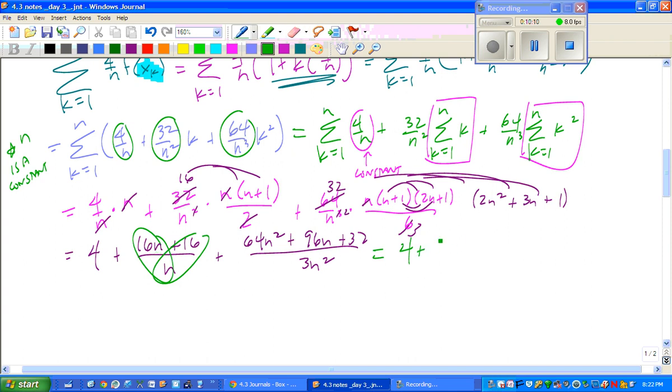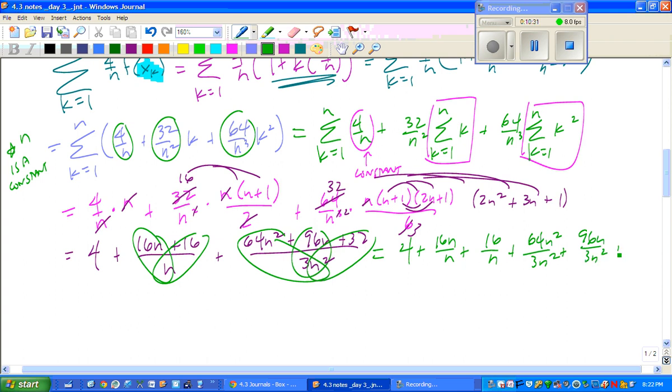We can split this up as 16n over n plus 16 over n for this part. Plus, do the same thing over here. Split each one of these. So we get 64n squared over 3n squared plus 96n over 3n squared plus 32 over 3n squared.